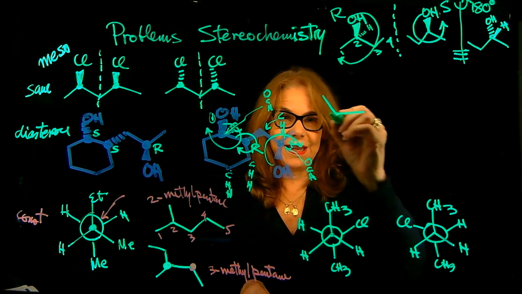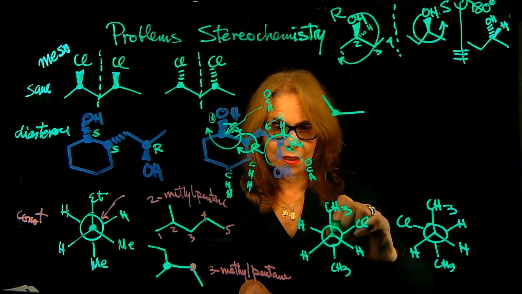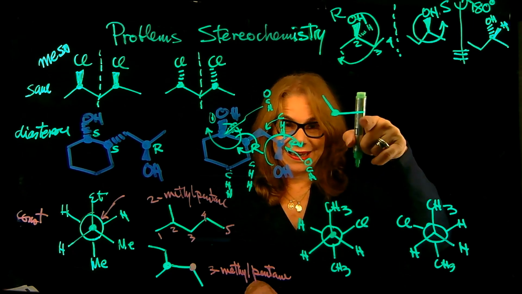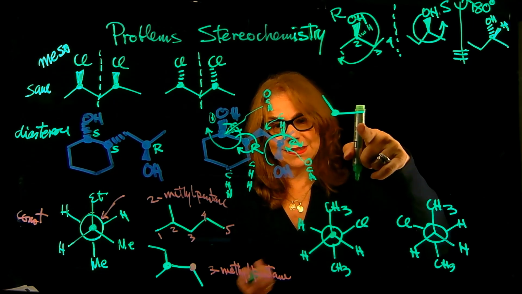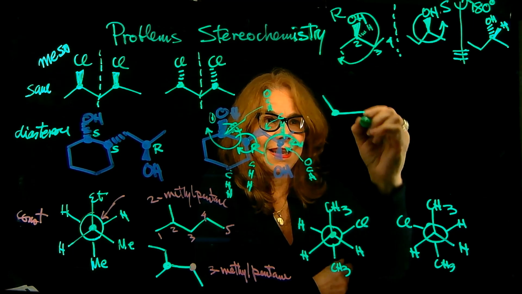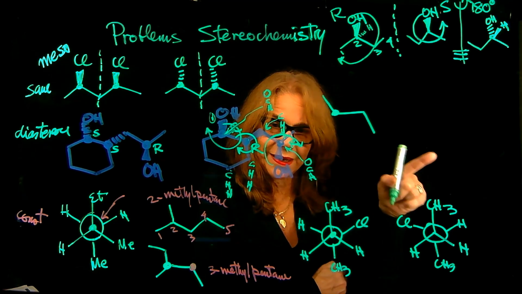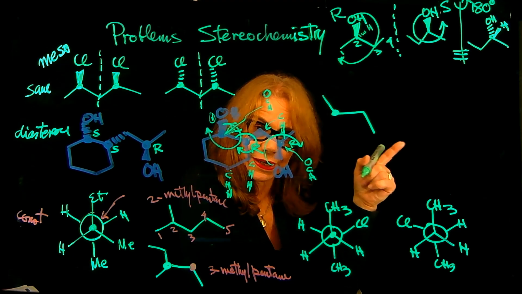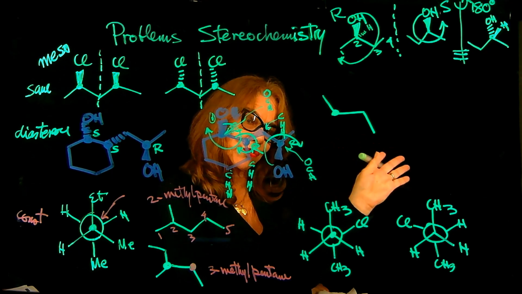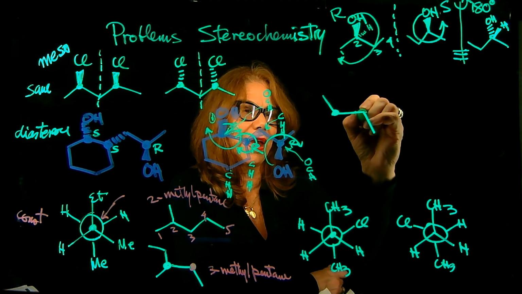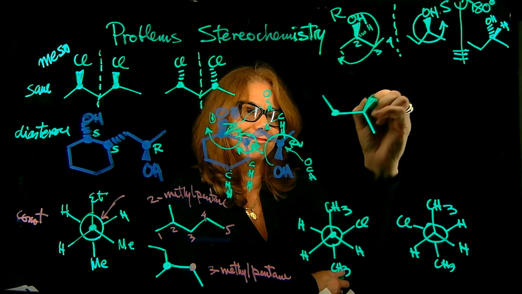That's the carbon in the front. Let's do a dot here. Now, the carbon in the back is this. And what does it have? It has a methyl going down. See this here? But now I have chlorine to your right-hand side. So I'm going to draw that on a wedge.